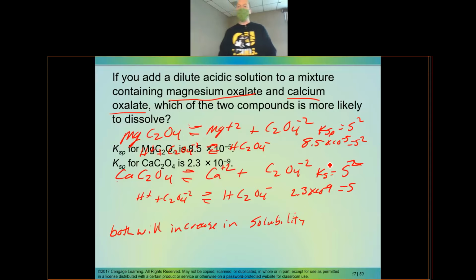So when you get your solubilities, this is 9 point something times 10 to the minus 3, and this is 4 point something times 10 to the minus 5.